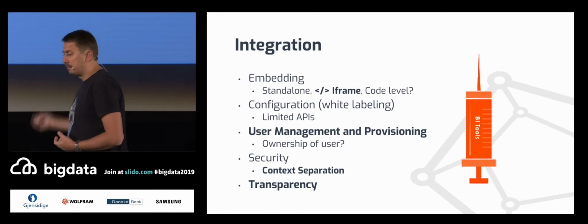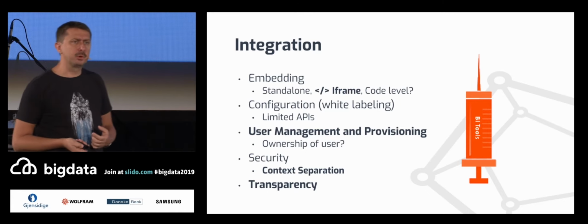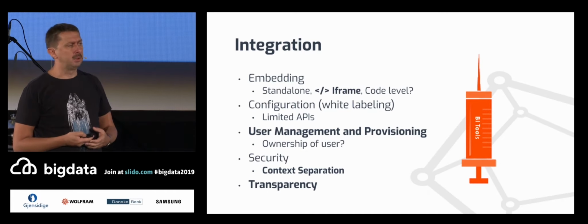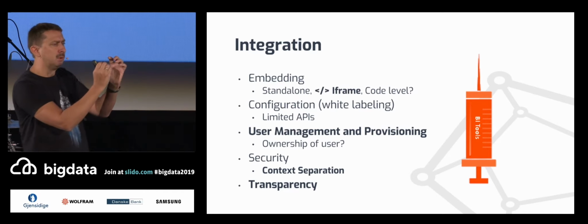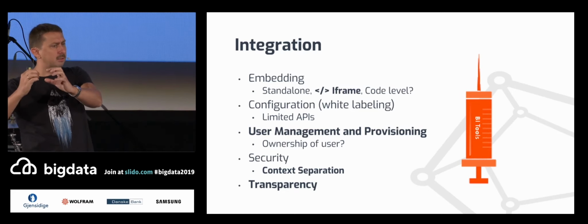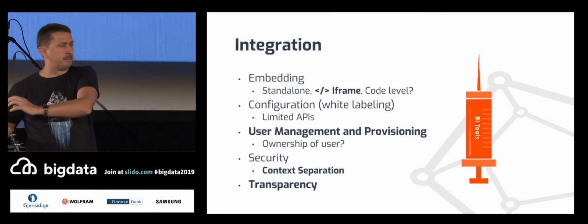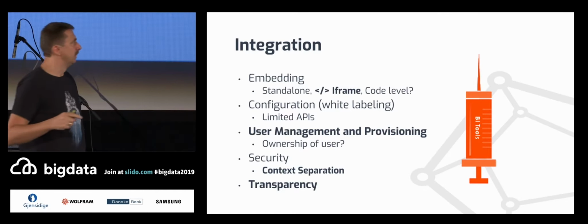Wow, transparency. Transparency is a good thing, because when something is not working, you need to figure it out. But you remember, you have your platform, you have identified the iframe. This iframe takes the information from a kind of server, and the server gets the data from somewhere. So you need to trace it through to understand what's wrong. It's difficult.